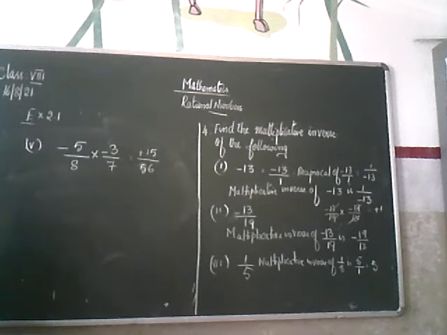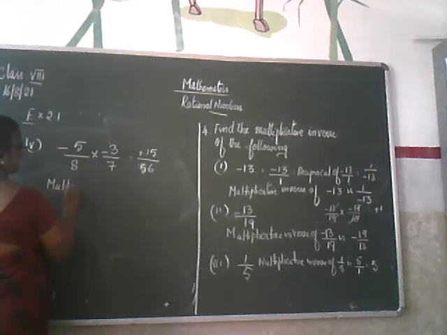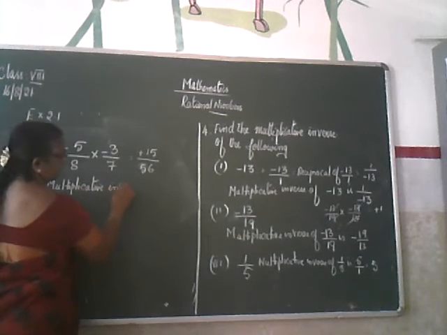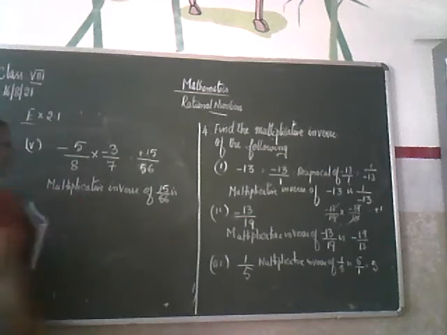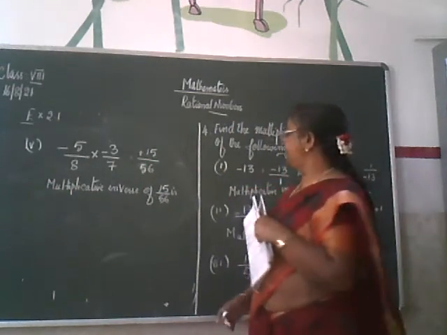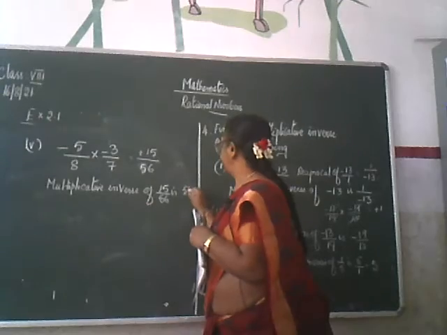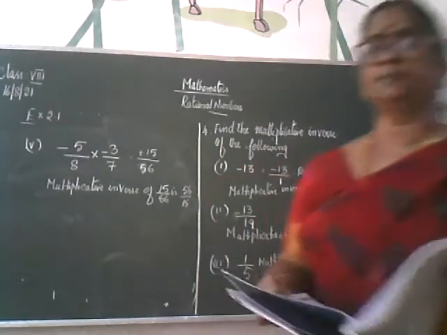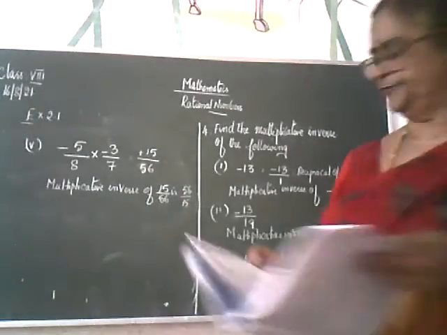Then what is the multiplicative inverse of 15 by 56? It is nothing but its reciprocal. So what is its reciprocal? 15 by 56 will become 56 by 15. So you can write it as 56 by 15.